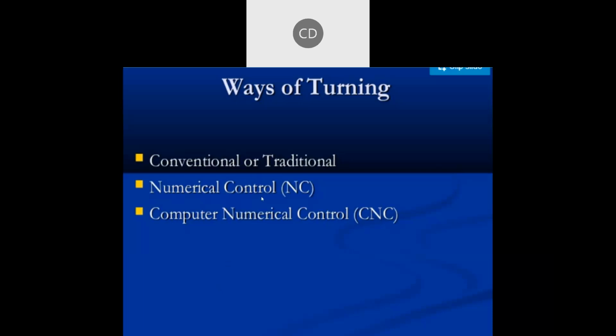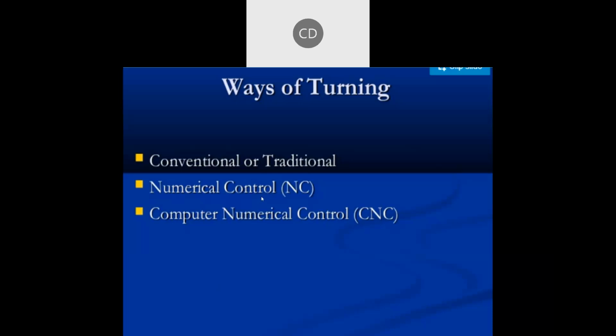The numerical control machine was the next invention. Numerical control is a machining process that makes machining operations easier compared to the conventional process.